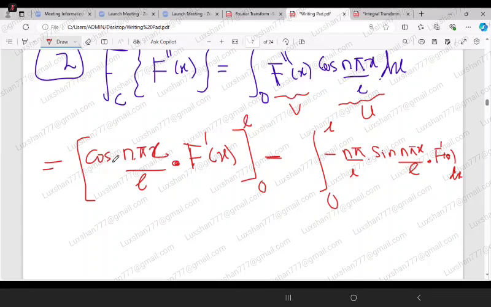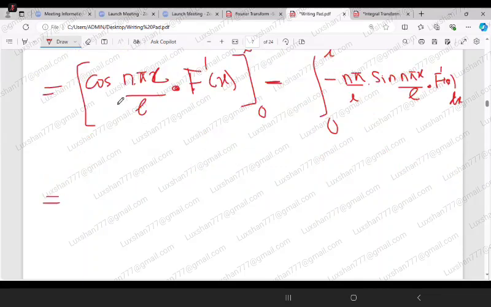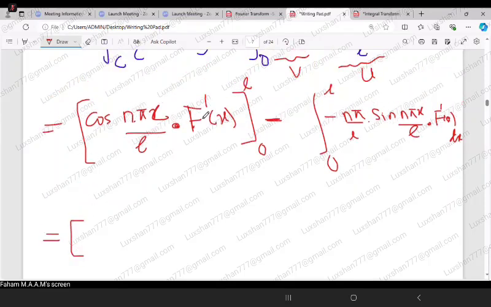I will get cos n pi. So if I simplify the first part, if I substitute x equal L, this becomes cos n pi. So cos n pi is actually, we know that, minus 1 to the power n.